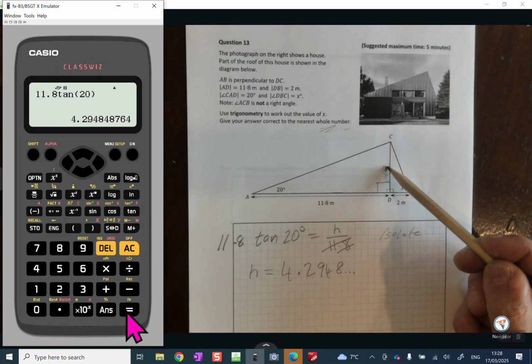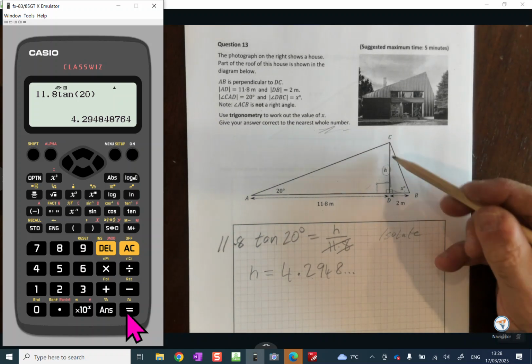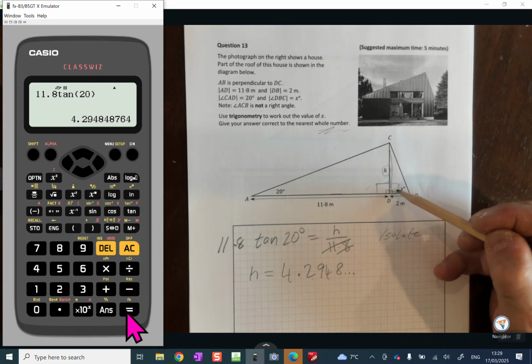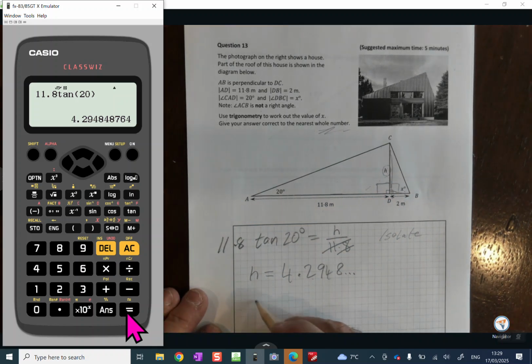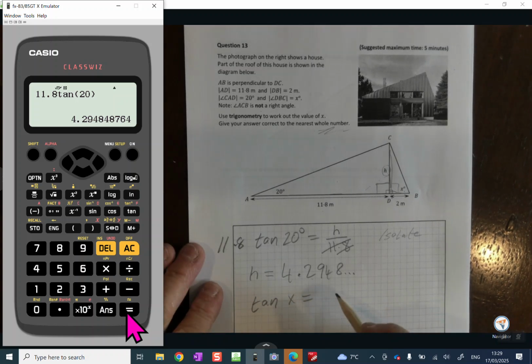So this now becomes this value, and again, if we're figuring out whether to use sine, cos or tan, it'll be tan, because just like we said before, where two of the shorter sides meet at a right angle, we're using tan. So we'll write down now that the tan of x is equal to h, which is 4.2948 about, over 2.